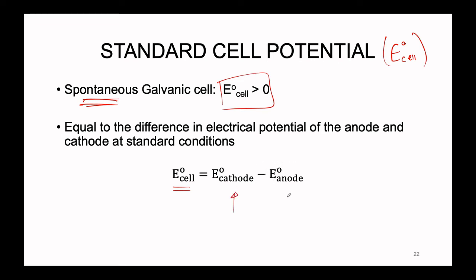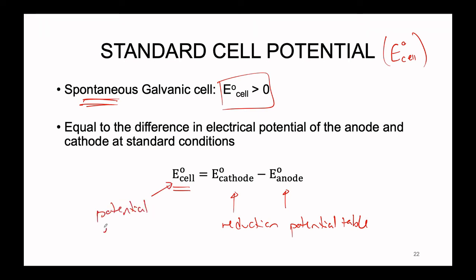So these are both going to be values that we can pull from the reduction potential table. We're going to be taking the difference in electrical potentials of the anode and the cathode. So that is what the standard cell potential is. We're looking at the potential energy difference. All right, so I'm going to do this here.